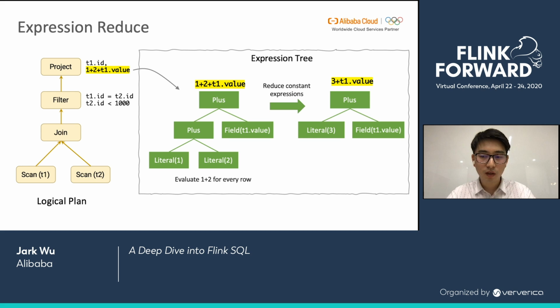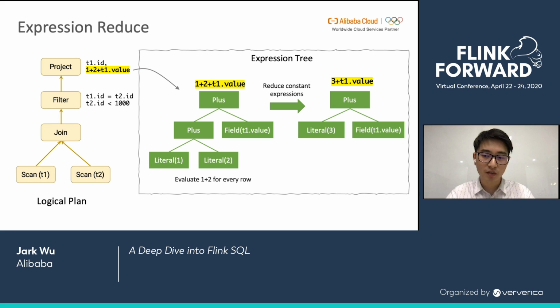So as you can see, an expression is a tree structure. And in the right figure, we have an expression tree which represents 1 plus 2 plus T1.value. By applying an expression reduce rule, we can evaluate the constant expression during the optimization phase.